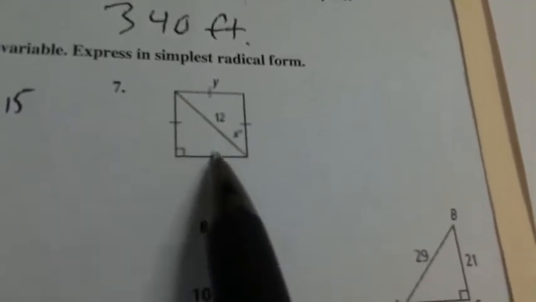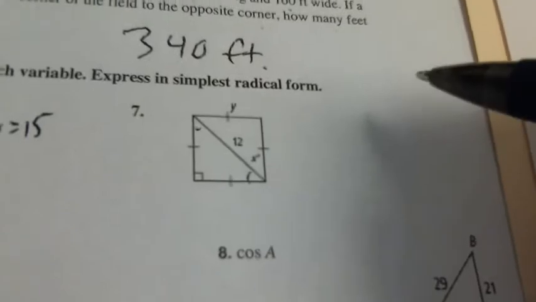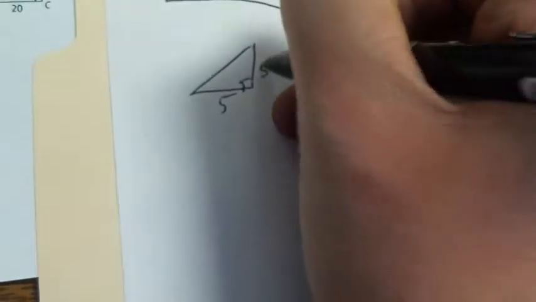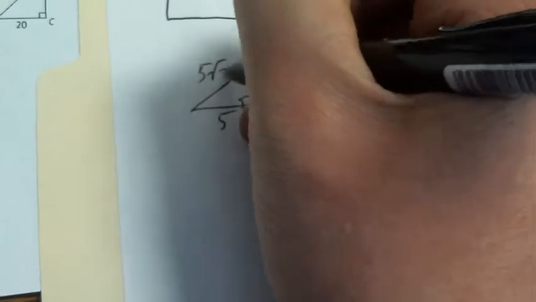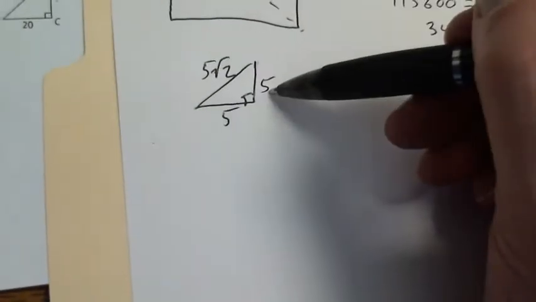This is a 45, 45, 90 triangle because these two sides are the same, which means it's isosceles, which means that these angles are the same. So as they're 45, 45, this is 12. Usually in a 45, 45, 90, this is 5 and this is 5. This is 5 times radical 2. So to get the leg from the hypotenuse, we divide by radical 2.